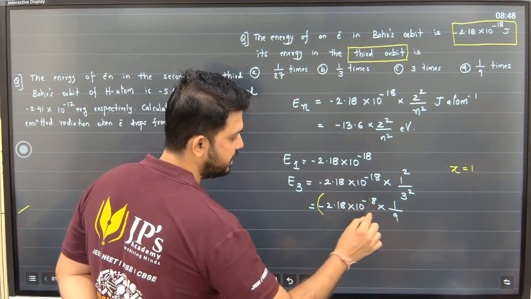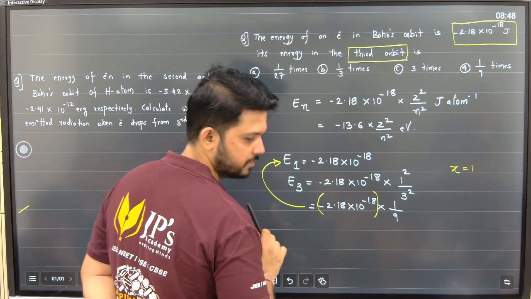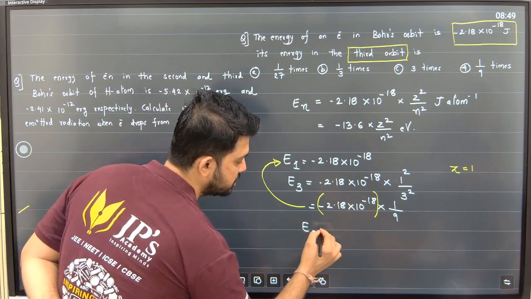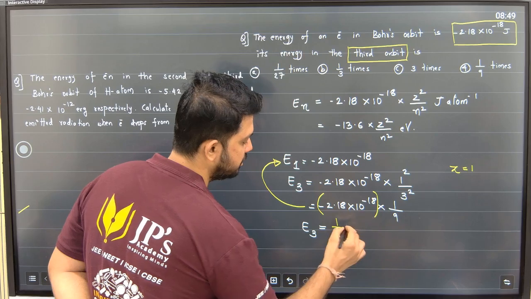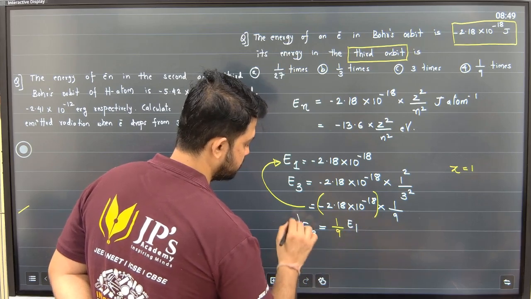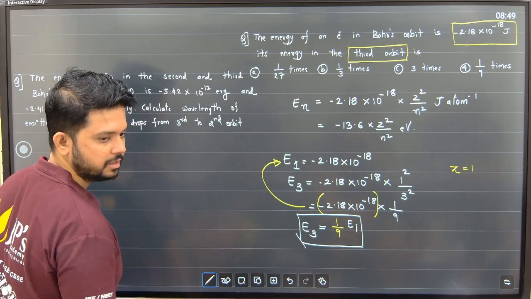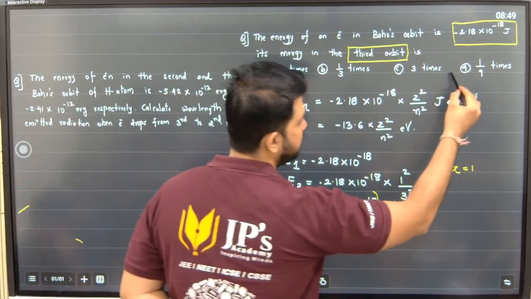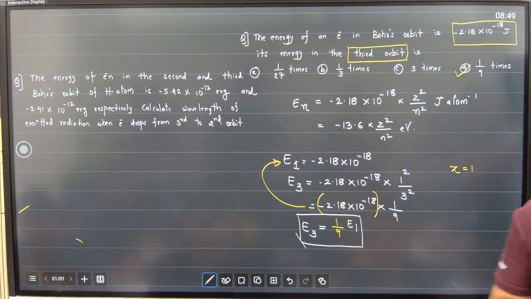And this is, people, the energy in the first orbit. With me? So energy in the third orbit will become how much? 1 upon 9 times the energy in the first orbit. Everyone got that? Any questions यहाँ पे? So यहाँ पे answer क्या है, people? 1 over 9 times. ठीक है? That was थोड़ा सा easy.